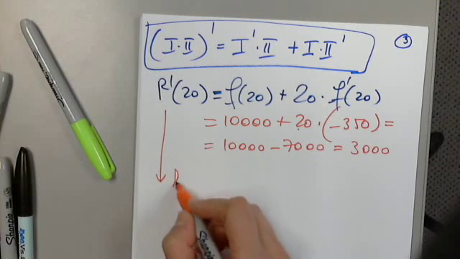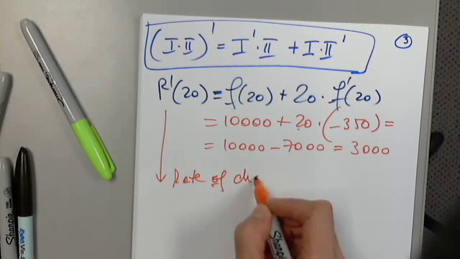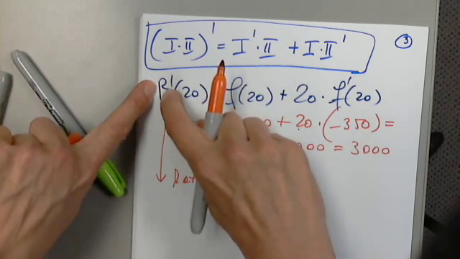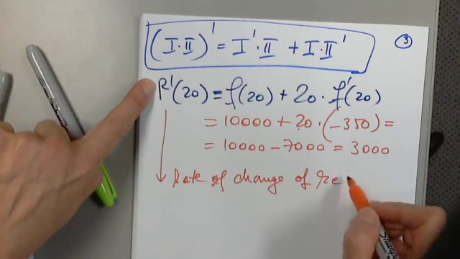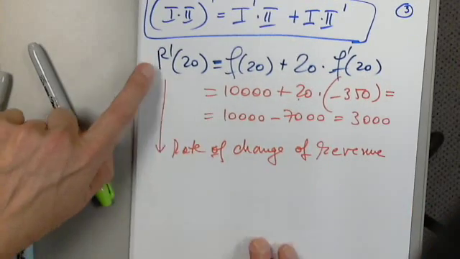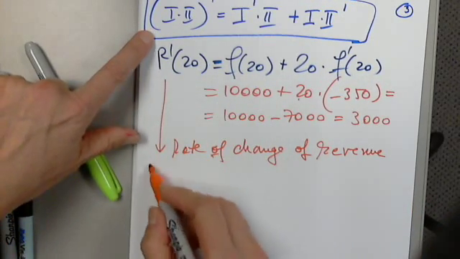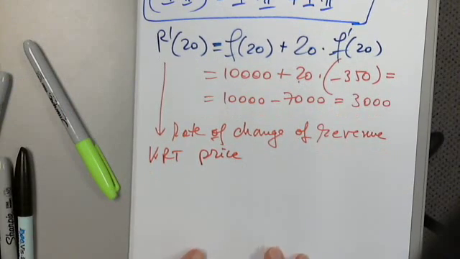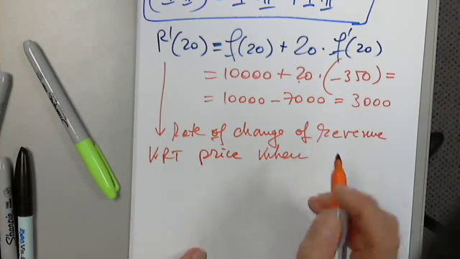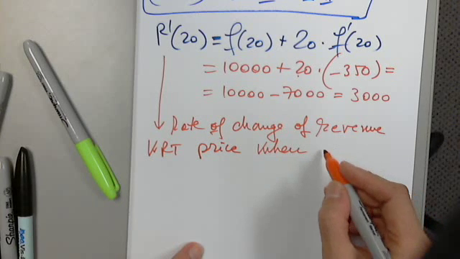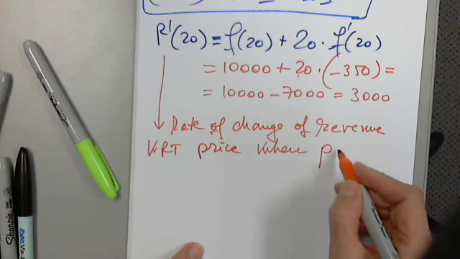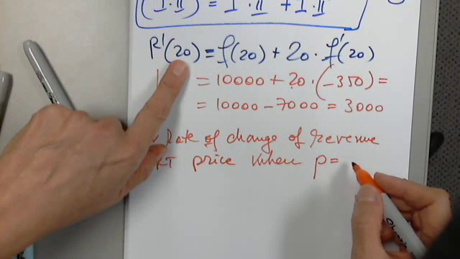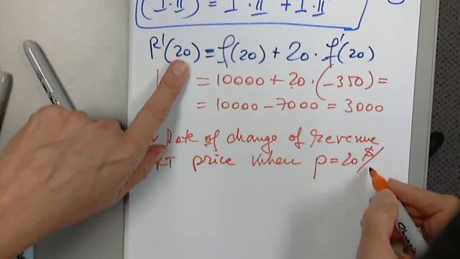So this is the rate of change of revenue with respect to price when... dollars per yard.